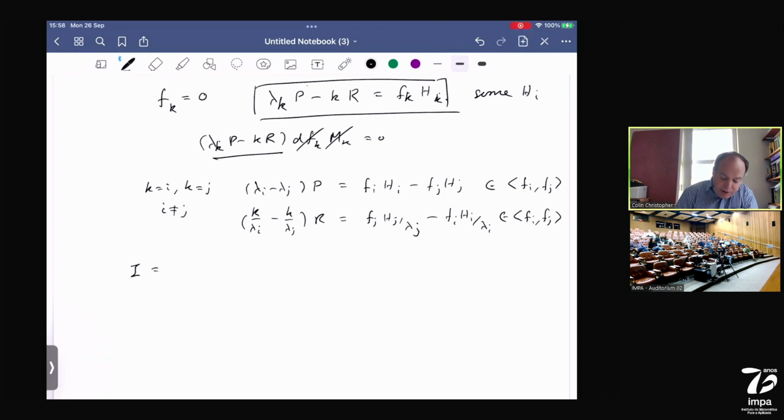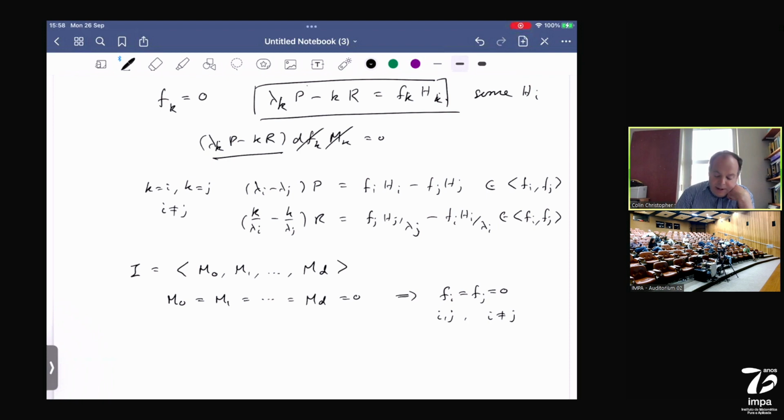Let's take the ideal generated by M0, M1, up to MD. Remember, these are the M's divided by the product of all the F's apart from, for example, F0 or F1 and so on. Then what do we have? We have that if M0 equals M1 equals MD equals 0, then that must mean that two of these curves, Fi and Fj, must be equal to 0 for some i and j with i not equal to j.